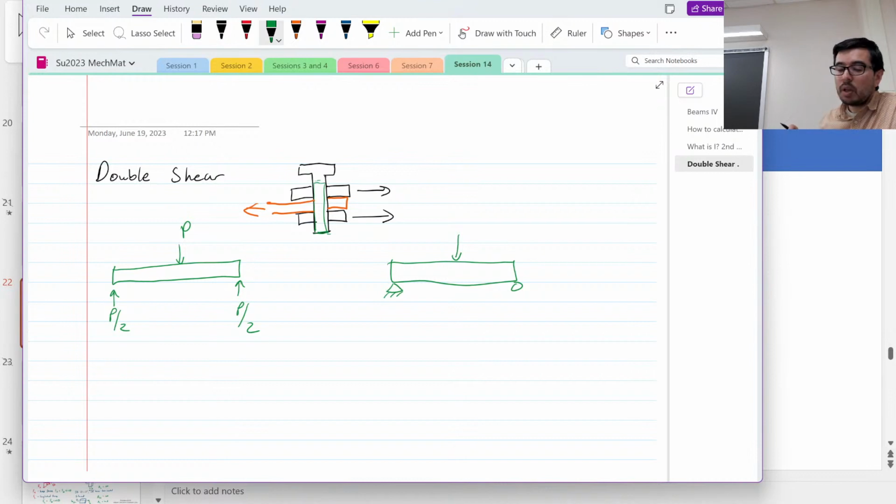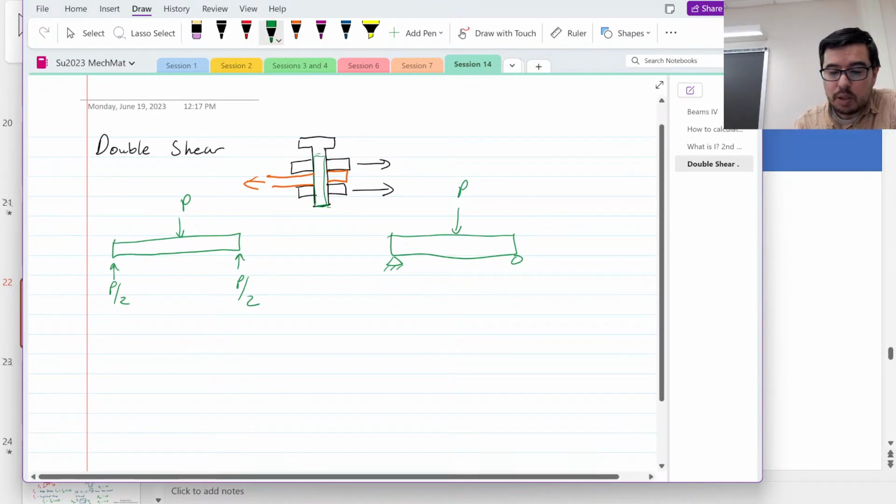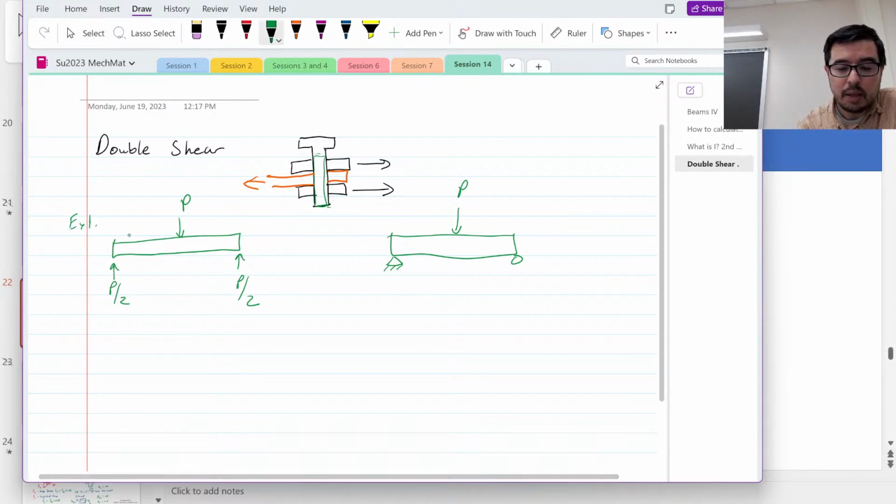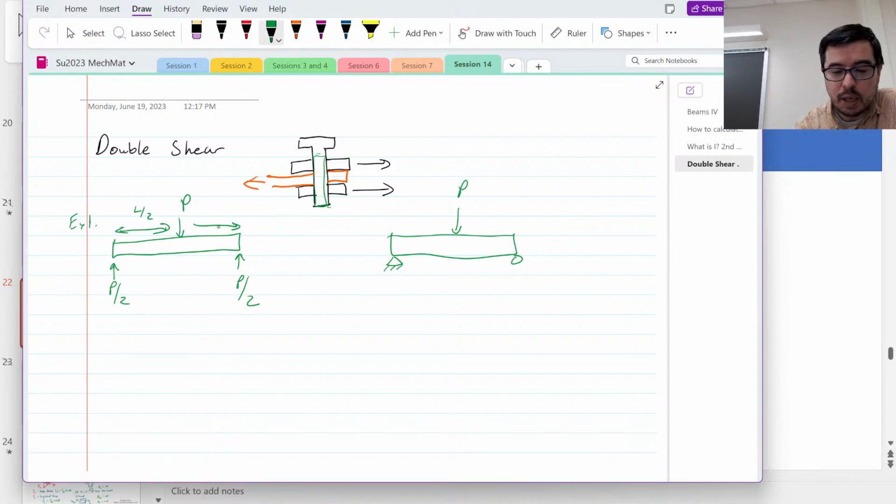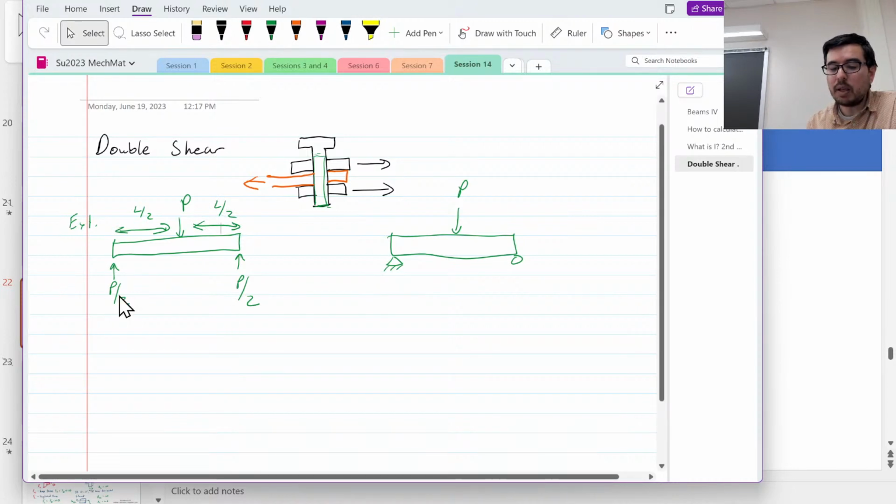Okay. So we use symmetry. So if we do external equilibrium, this is kind of that external equilibrium, right? We say, okay, since we're assuming that this length L/2 is the same on either side of them, then we can say, well, these guys have to be the same. And we can do that by bending moment actually as well, right?